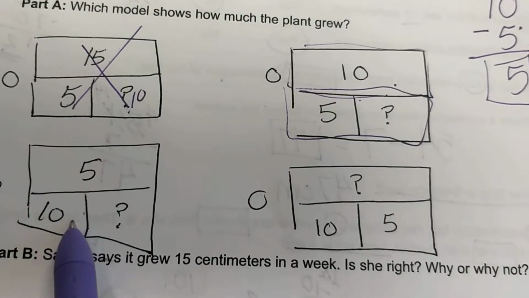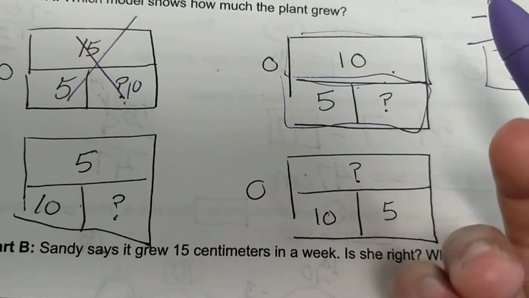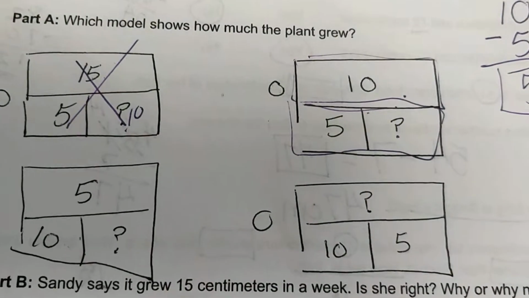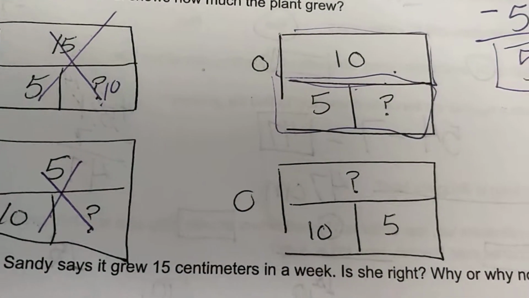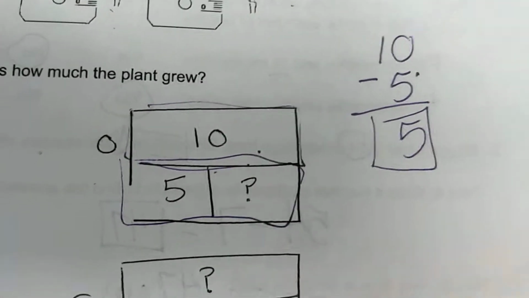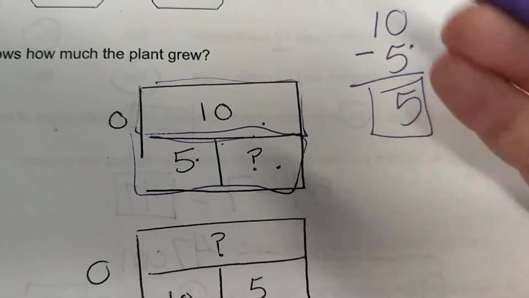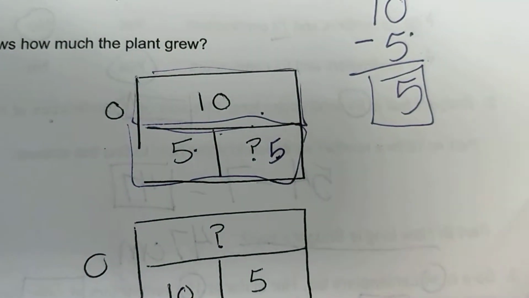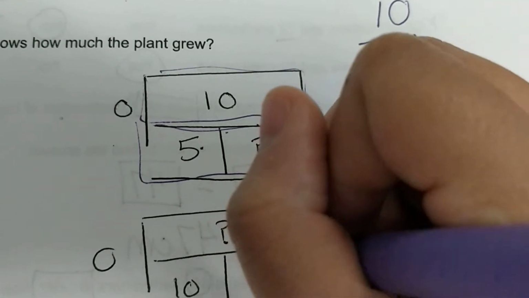When you go down a part whole, 5 minus 10, I can't do that. That leads into a negative number that you won't learn until later on. Nope. Let's try this one. 10 minus 5 equals, oh, this one is probably the answer, but I want to check if this one is correct.